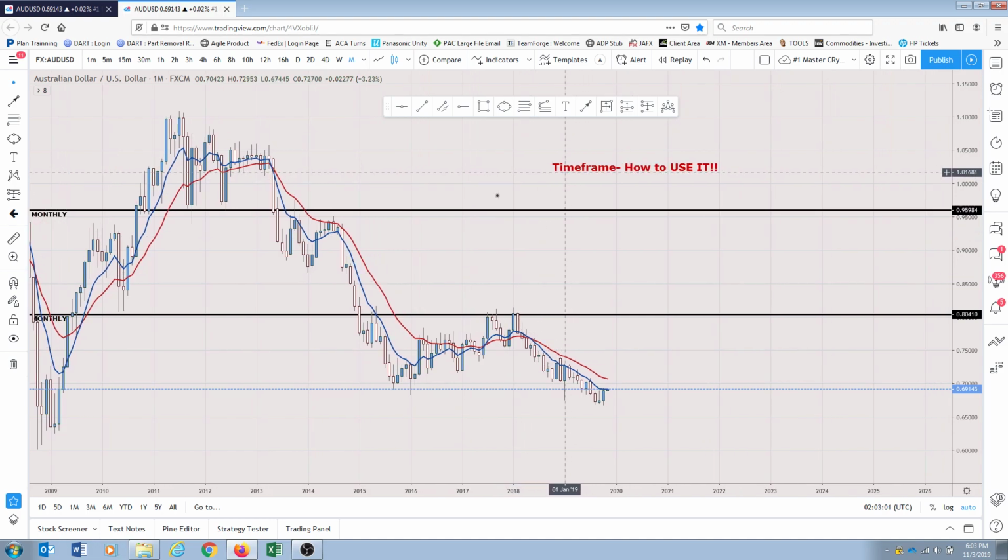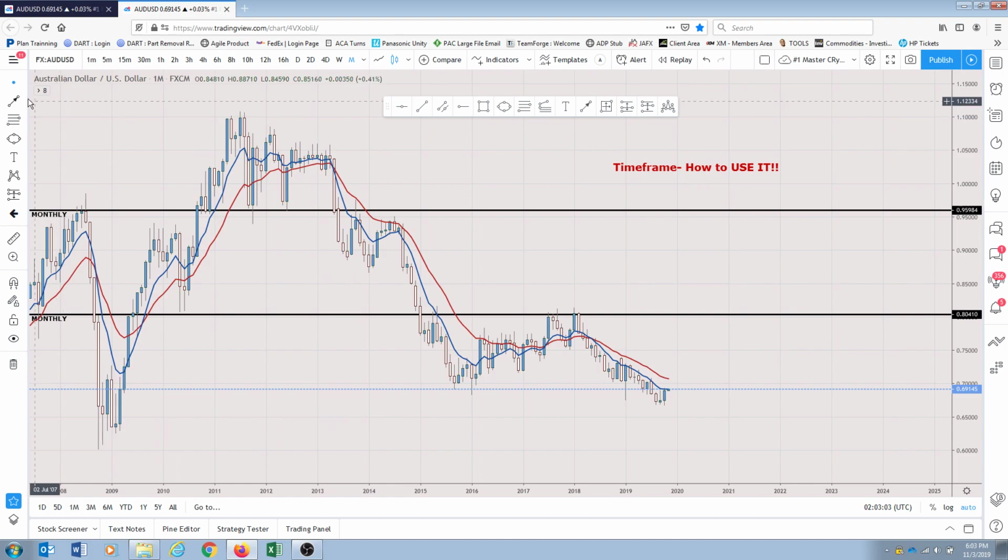If you haven't done this yet, see this on the left here? If you click here, these little icons look like eyes, like a little eyeball. You can hide things that you have on your chart.